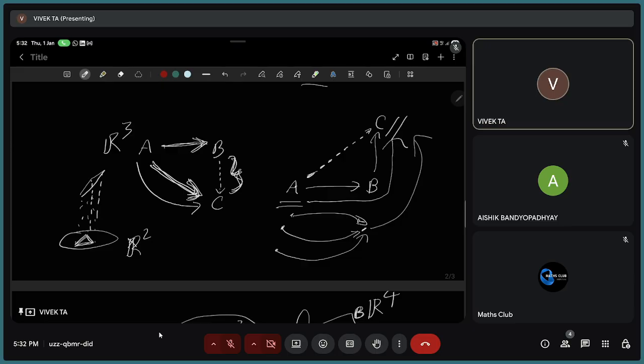And then you map it to C. Now the problem is how do you take all of these points and map them to C? That is a very hard idea to go through. So what you do is you first fix one point and then define this map.